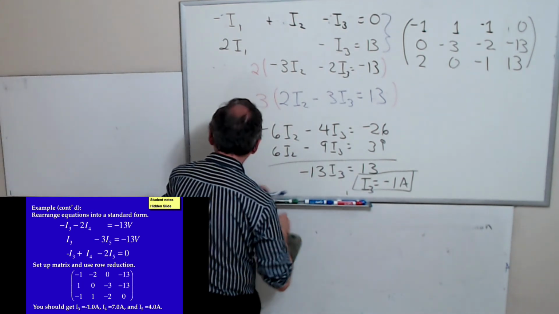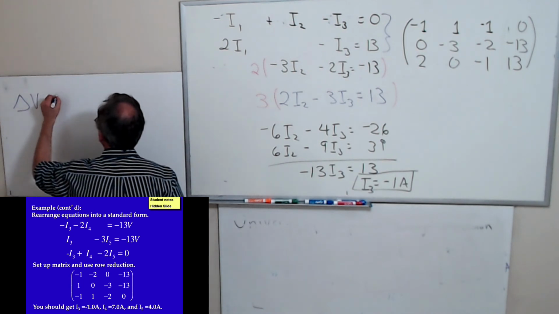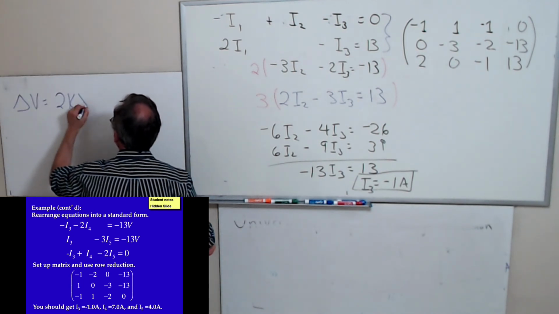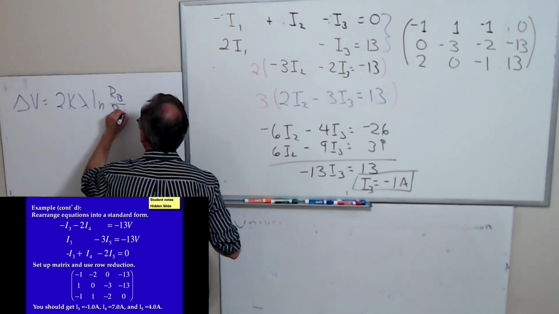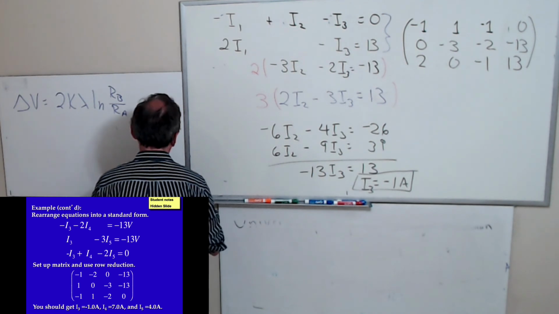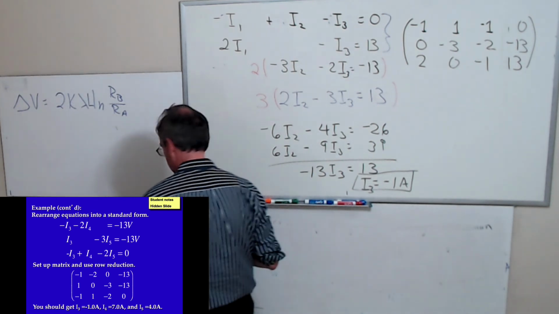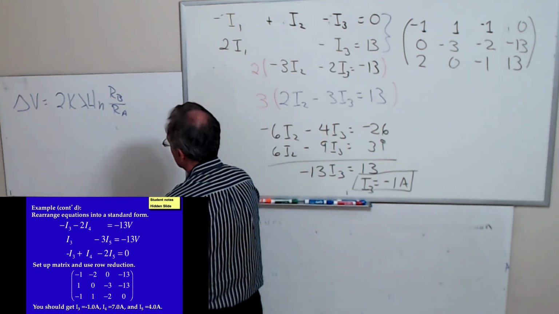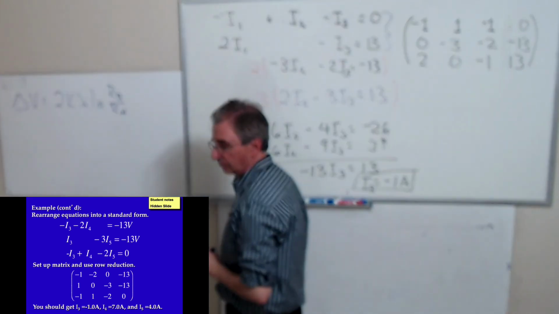So delta V, if I remember correctly, was equal to 2k lambda natural log of R sub B over R sub A. And there's an L there too, right? Or no, it was like this. Sorry. Okay.